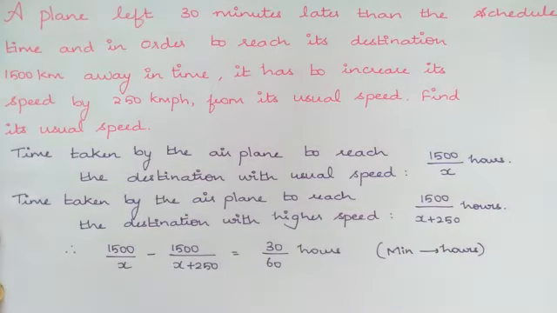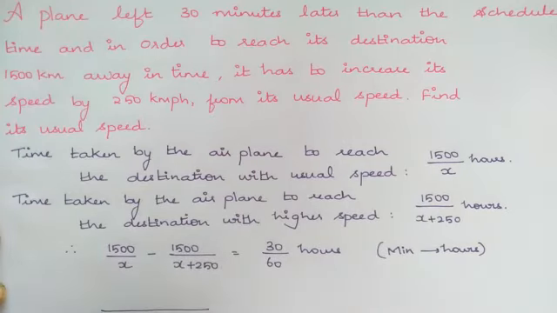Now next, we'll solve this equation. Again we need to make the denominator the same, so we are going with the cross multiplication method. The common denominator will be x into x plus 250.